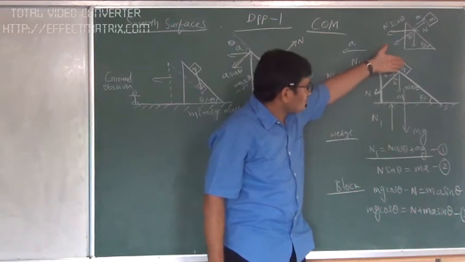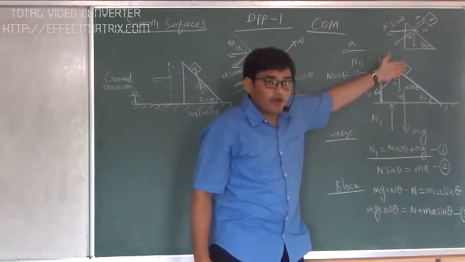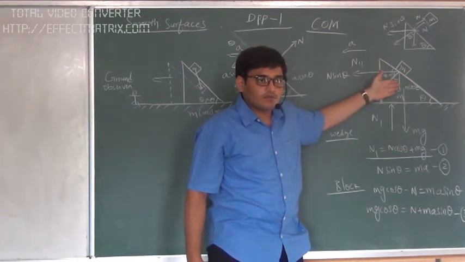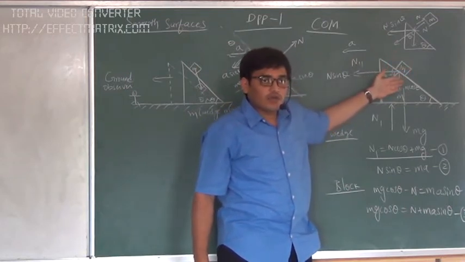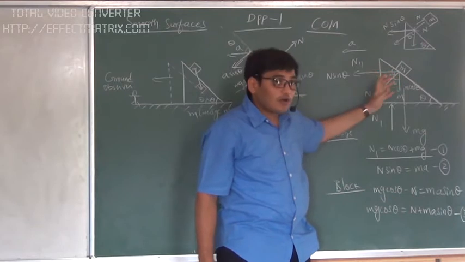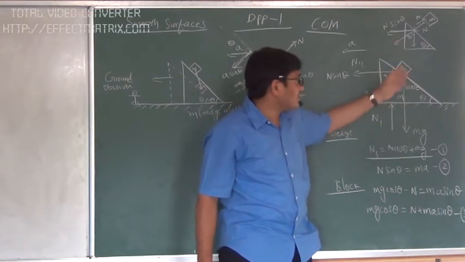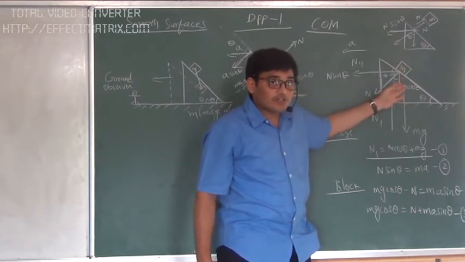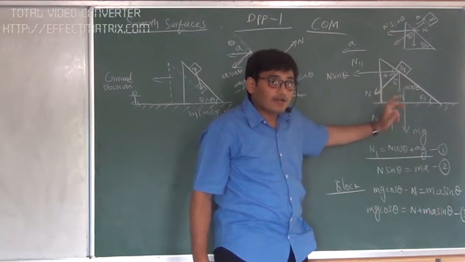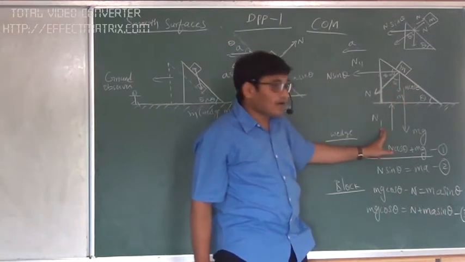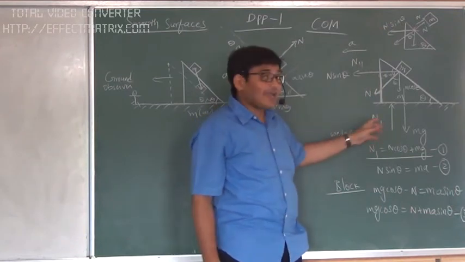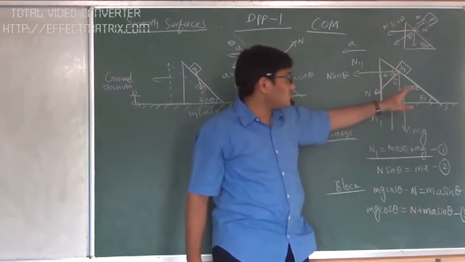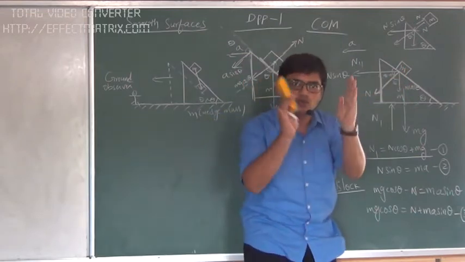So for the smaller block and wedge system, the contact force between them becomes an internal force. So what is external now? Gravitational force on this and this. Not only that, Earth is applying N1 upward. That is also external, because Earth is external for the block and wedge system. Block and wedge together is a system.